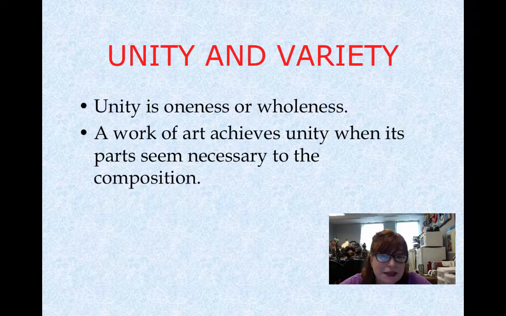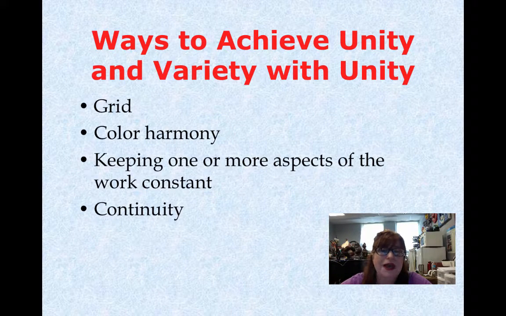So unity is oneness or wholeness, as you might think, and a work of art achieves unity when its parts seem necessary to the composition. And there are ways to achieve unity and variety with unity. An artist might use a grid, and we'll see a couple of examples of how that might happen.